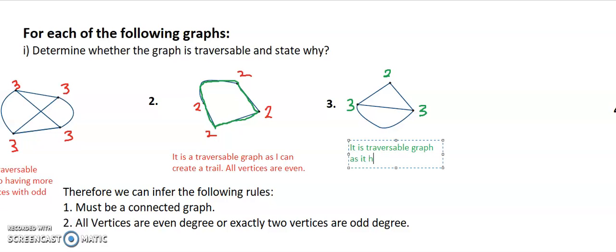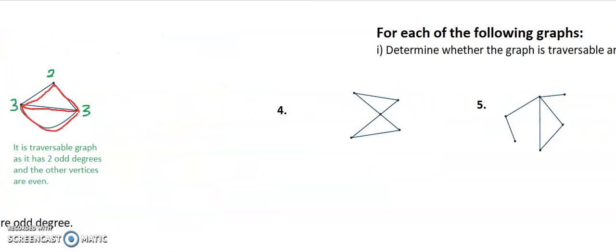So as it has 2 odd degrees and the other vertices are even, we are able to now form our trail. So my trail, I'm just going to be going from this vertex, going around the loop and going to all my vertices.